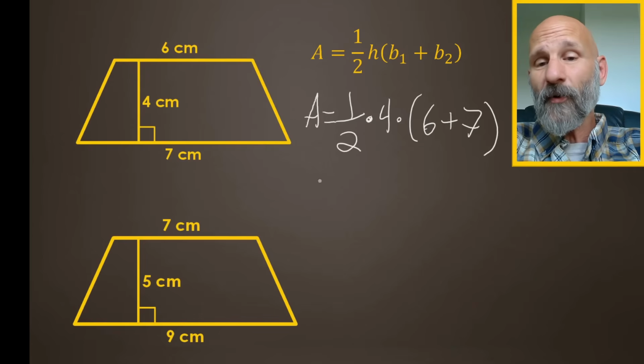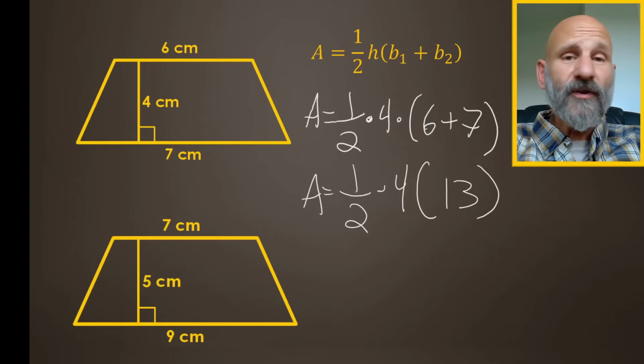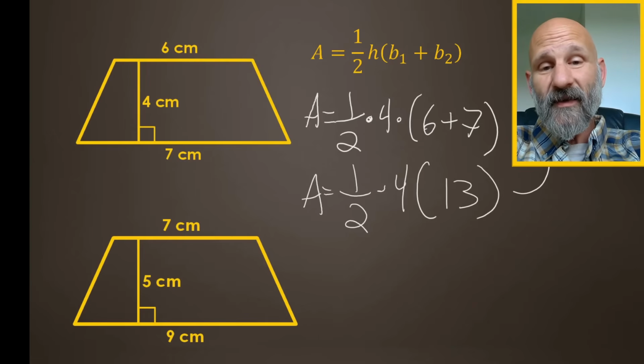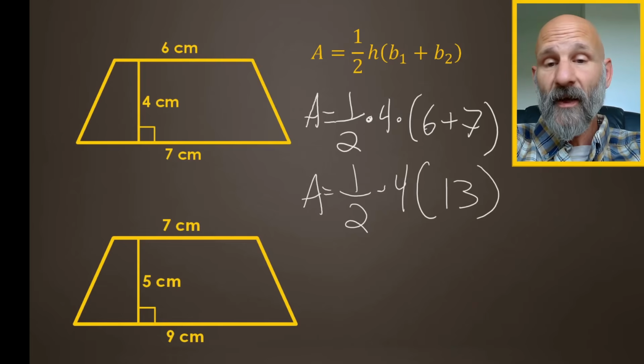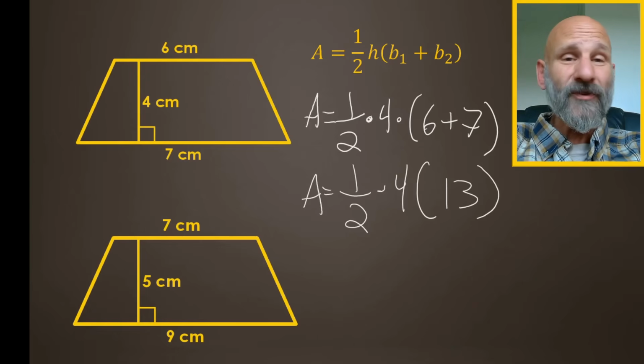So if we were going to rewrite this step by step, that would be area equals 1/2 times 4 times 6 plus 7, which is 13. Now again, if you understood the formula, you could have just replaced the 6 plus 7 with a 13 instead of writing it there. So now we all have multiplication, so we're going from left to right.